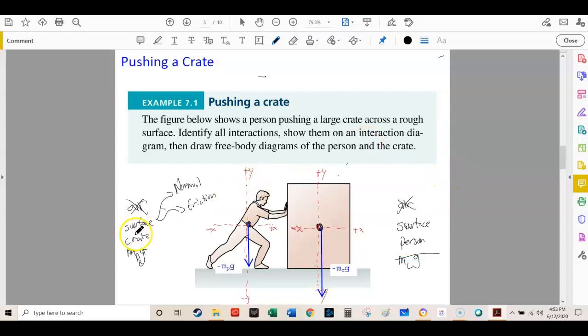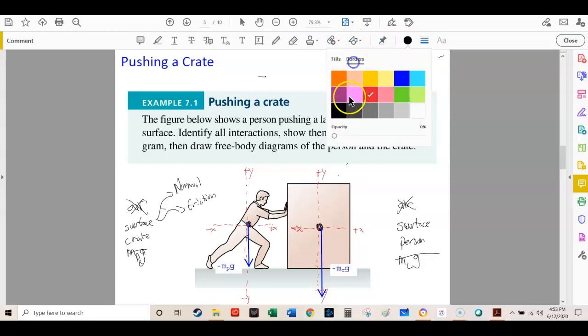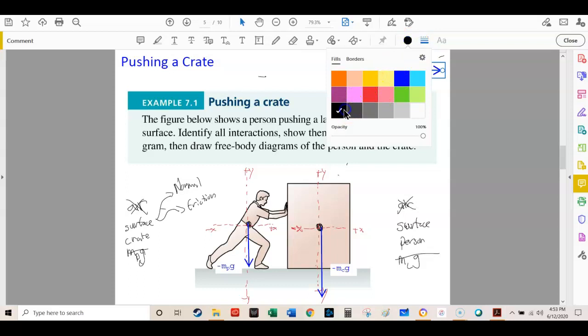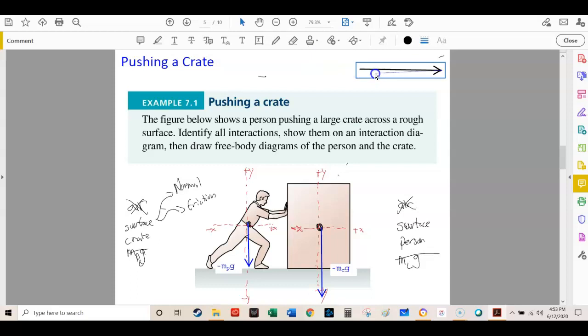Now let's talk about the force of the person working on the crate and the crate working on the person. I'm going to use black for that. Now, the crate is going to feel the person pushing it to the right.